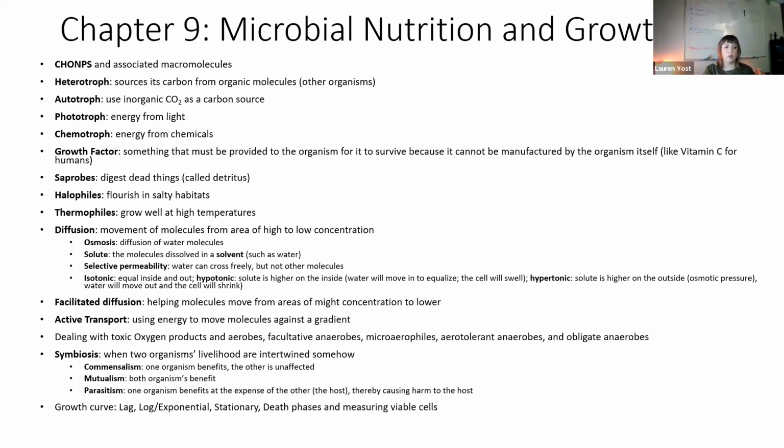So then we talked about the different combinations of those, which were like the important ones to me. I feel like the chemoheterotrophs, that's like us or any other organism that isn't going to be fixing their own carbon or relying on light for energy. So that's like us and a lot of the bacteria.